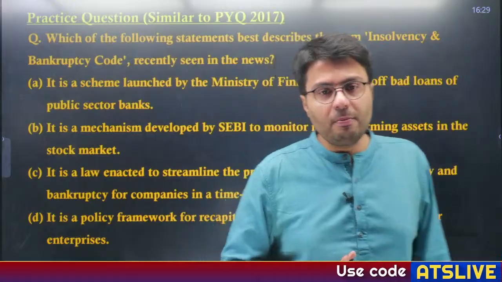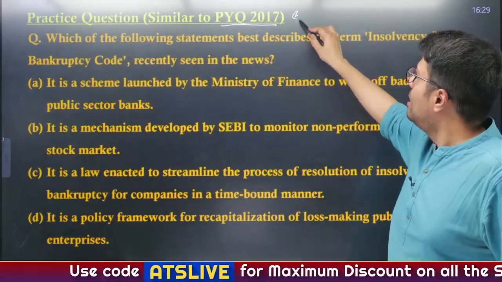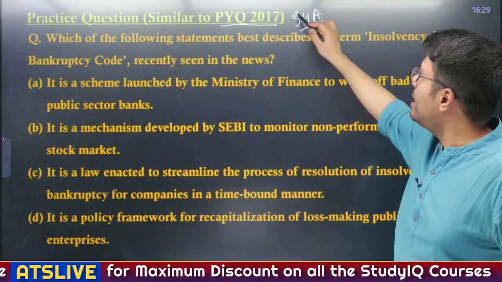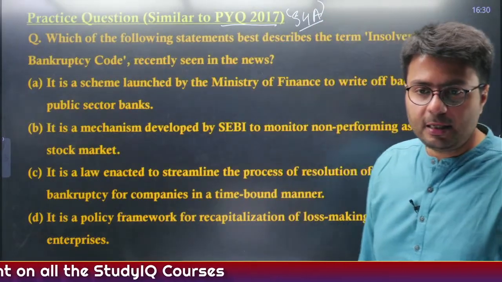Now let's see if you are able to solve this question. This is a very similar question to the one that appeared in 2017. In 2017, a question appeared on S4A, which was a scheme of RBI. Quickly answer it.